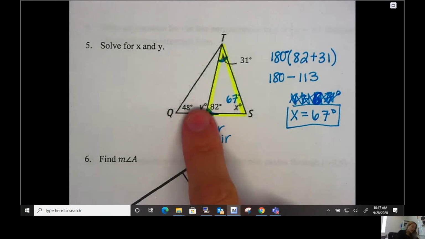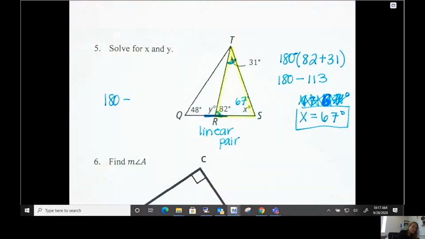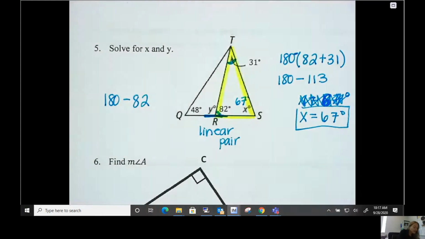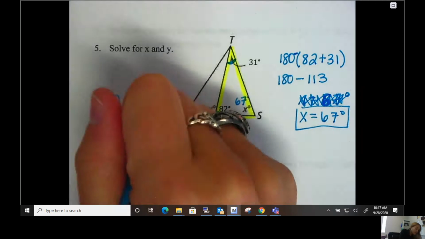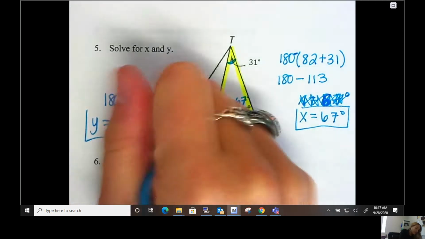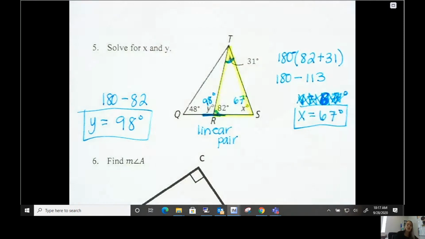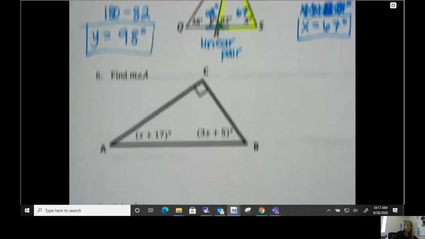So to figure out my y value, I'm going to take 180 and subtract 82 from it, and that gives me what's left over. So my y value is equal to 98 degrees. And we're done. All interior angles always add up to be 180 degrees in a triangle.